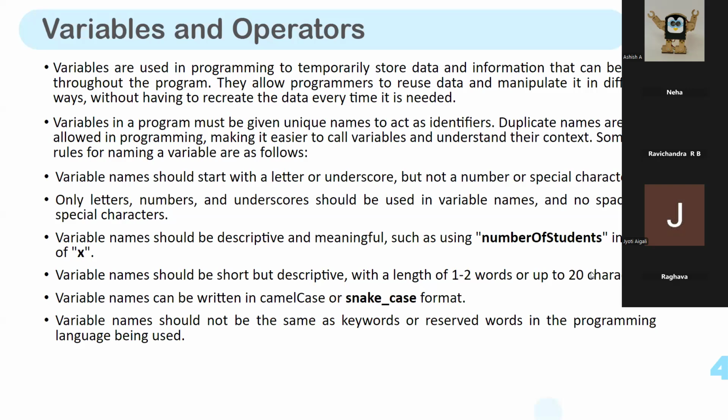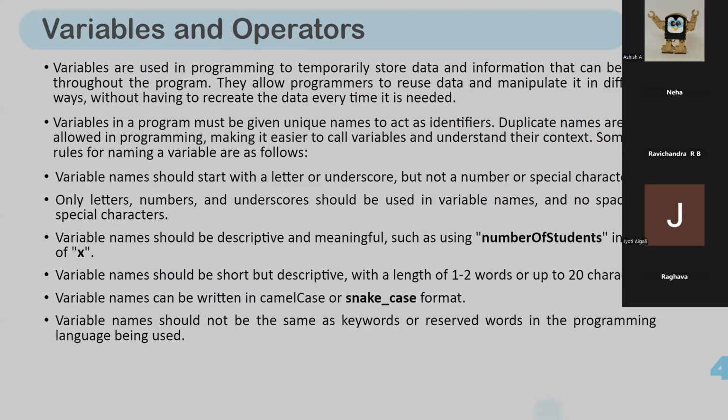Variable names can be written in camel case or snake case format. Variable names should not be the same as keywords or reserved words in the programming language being used. So it should not be the same as the words that are already used inside the program.